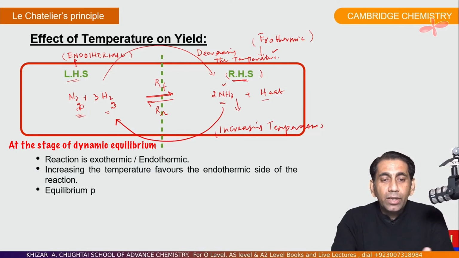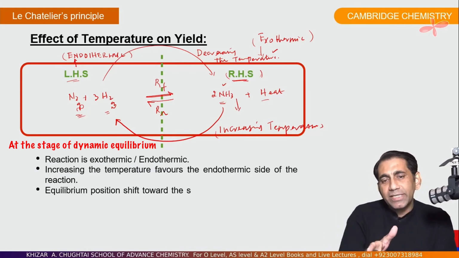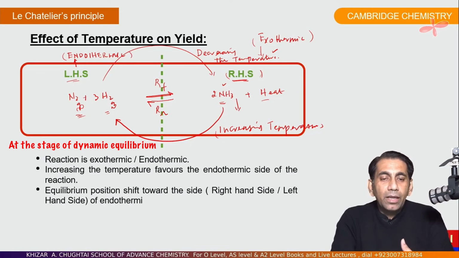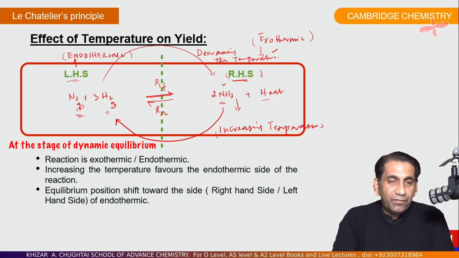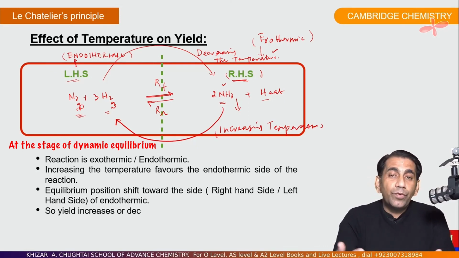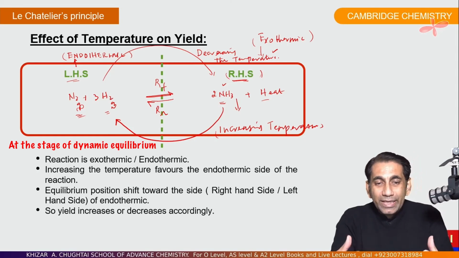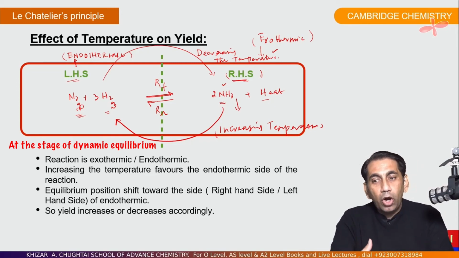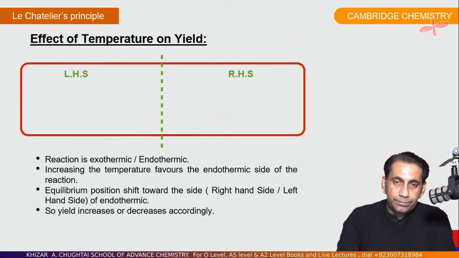Then the last one: equilibrium position will shift itself toward that side. It may shift towards the right hand side, or towards the left hand side. So accordingly, sometimes yield will be decreased and sometimes yield will be increased. So these are the basic points by which you can explain the effect of temperature on the yield of the product of the chemical reaction.